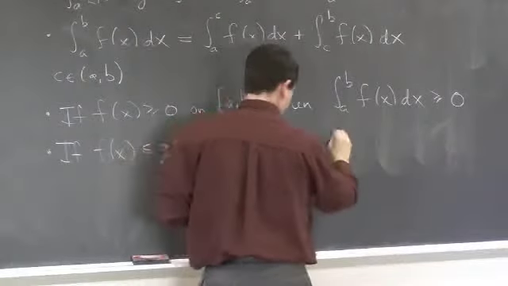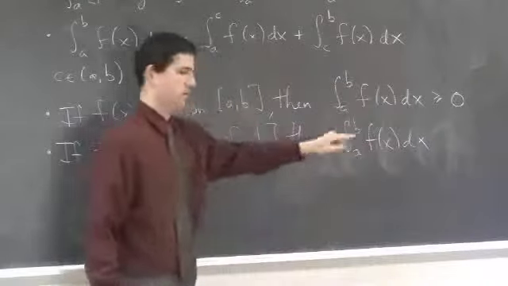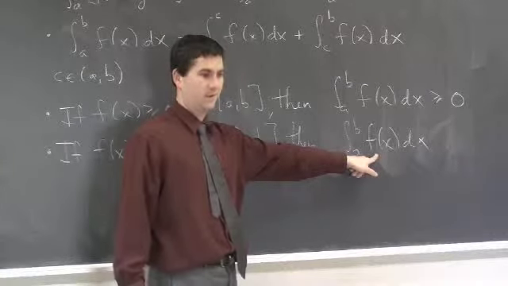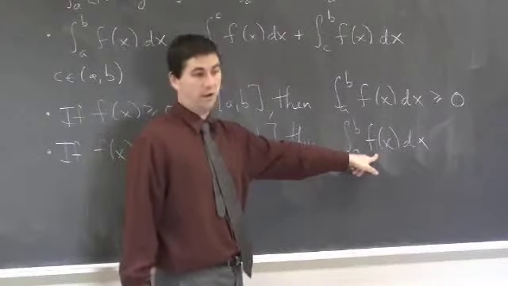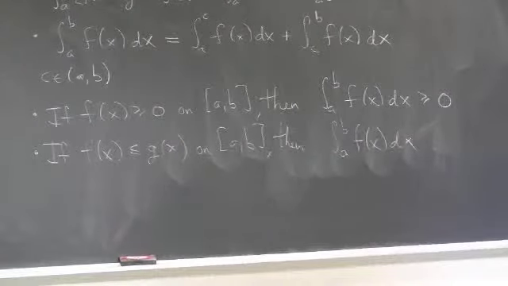Then what can you tell me about the area under f versus the area under g? Look at the picture. The area under f is smaller. That's right. The area under f is smaller.